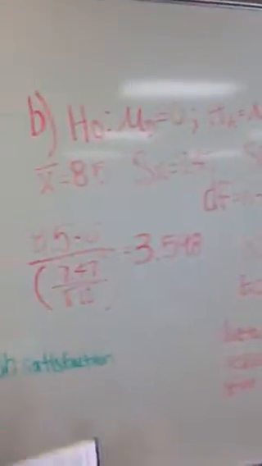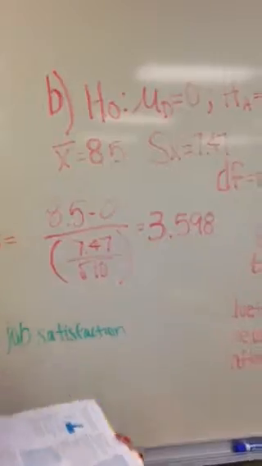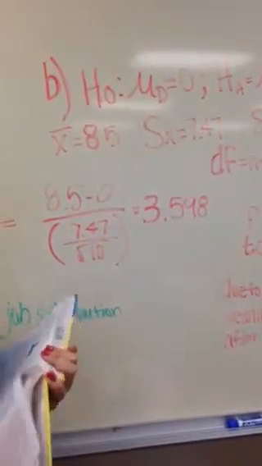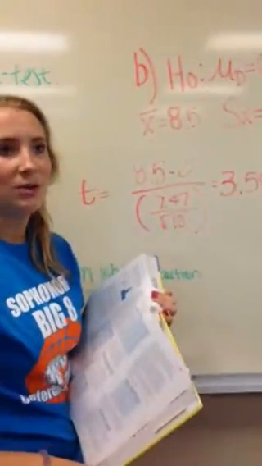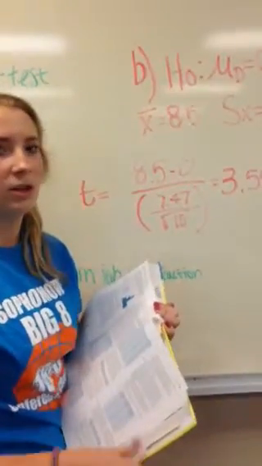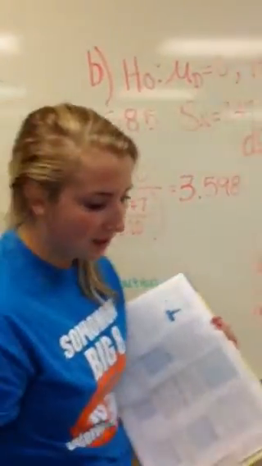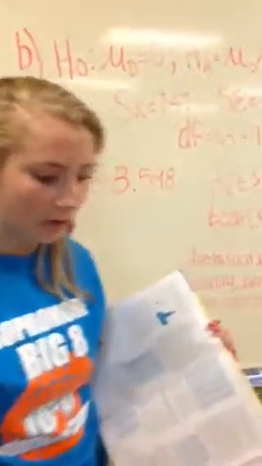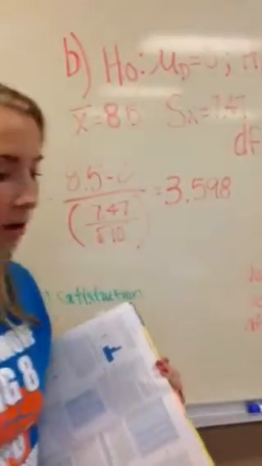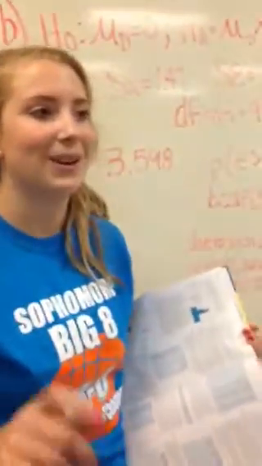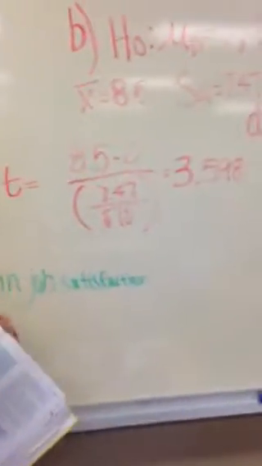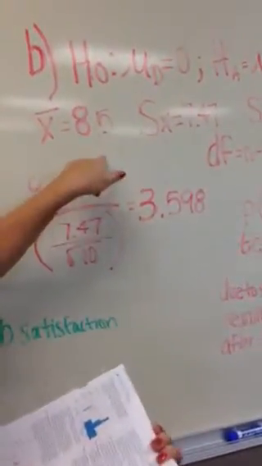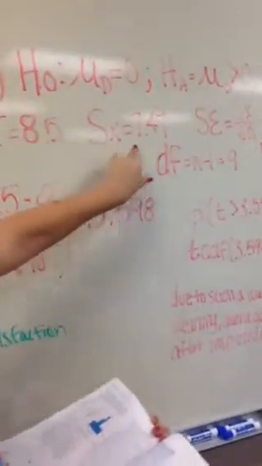And then you plug the chart into your calculator, into L1 and L2, and then for L3, you subtract L2 from L1. Then you go to stat, and then you go to 1-Var Stats, and then you get your mean is 8.5, and your standard deviation is 7.47.